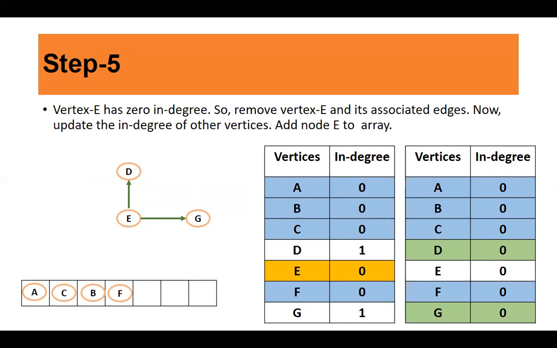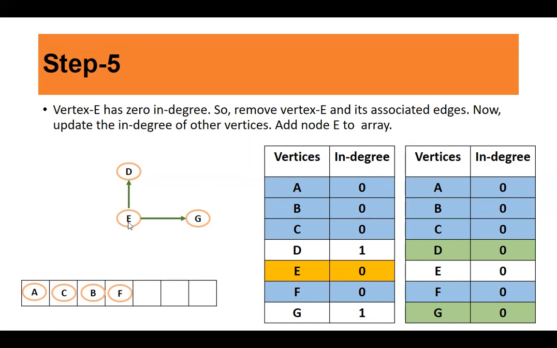Now again check the in degree. Again I repeat, the vertices in blue color are already in the ordering array, so these cannot be considered. So now you have D, E and G. We consider the vertex with in degree 0. Now E has in degree 0.